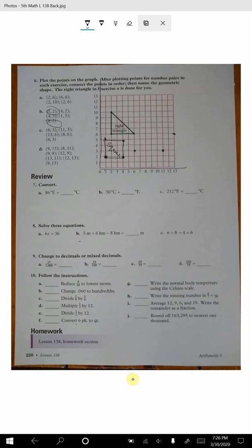Over 8, up 6. And then the last one is 6 and 3 again. I believe what we have made now is, I'll try to write it small on here, parallelogram.